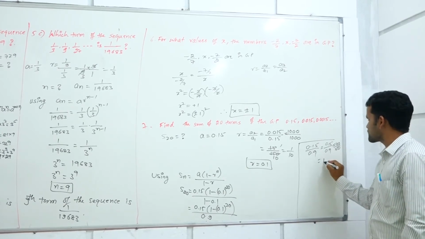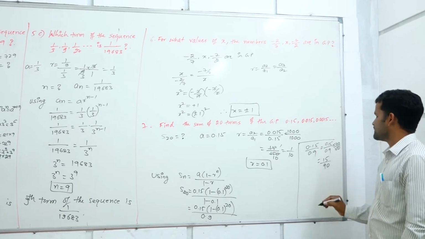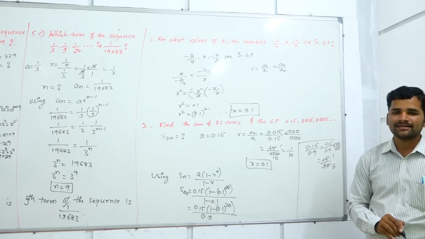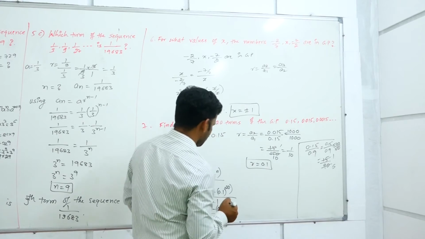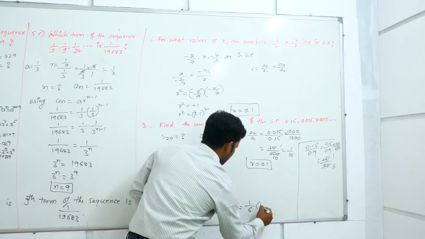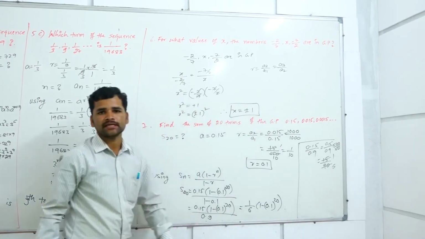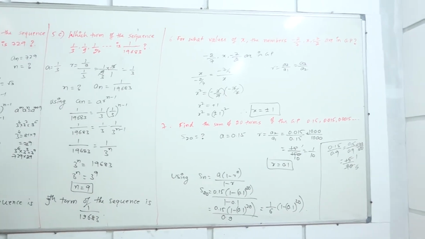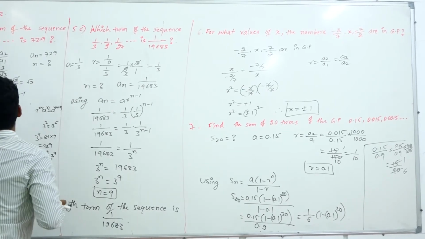If you multiply, this becomes 15 and 0.9 into 100 becomes 90. 15 ones are 15, 15 sixes are 90. Okay. This becomes 1 by 6 into 1 minus 0.1 to the power of 20. So this is the S20, sum of first 20 terms. That is about problem number 7.